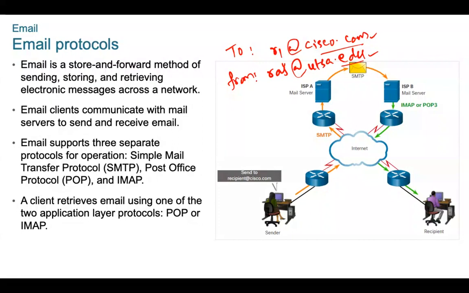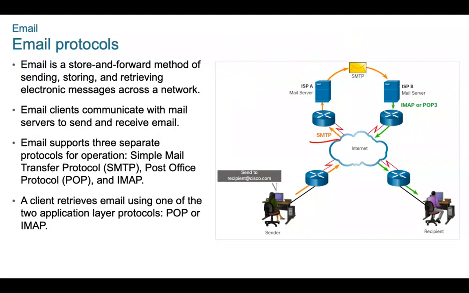So email supports 3 separate protocols for the operations. What are those? As we said, one is SMTP, Simple Mail Transfer Protocol. So first the service uses the Simple Mail Transfer Protocol, and after that it uses the Post Office Protocol, and then finally either Post Office Protocol or IMAP.